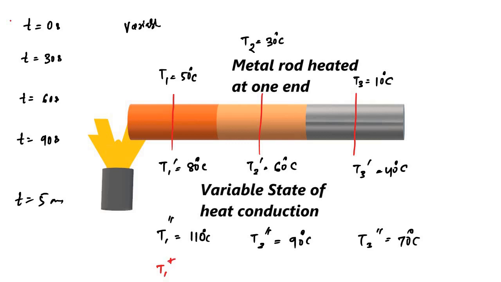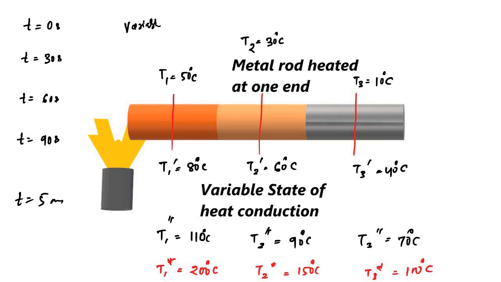Let's say the steady state we represent with a star. This is 200 degrees Celsius, this is 150 degrees Celsius, and T3 star is 100 degrees Celsius.